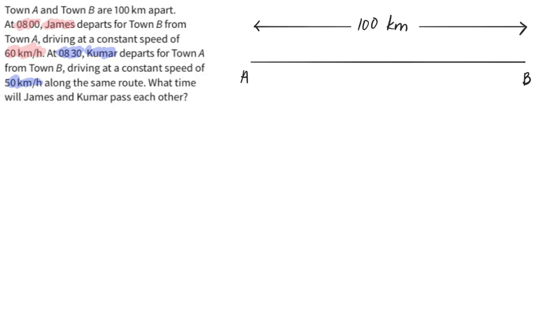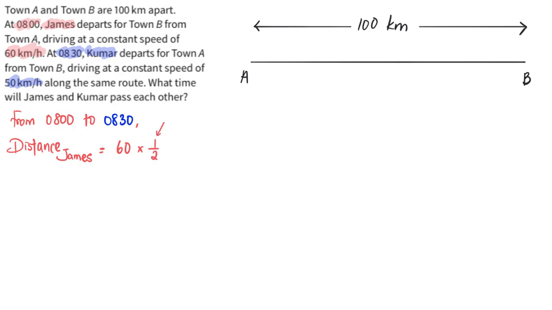Okay, so in this 30 minutes, sorry, from 8 AM to 8:30, the distance traveled by James during here will be equal to 60 kilometers multiplied by half an hour.